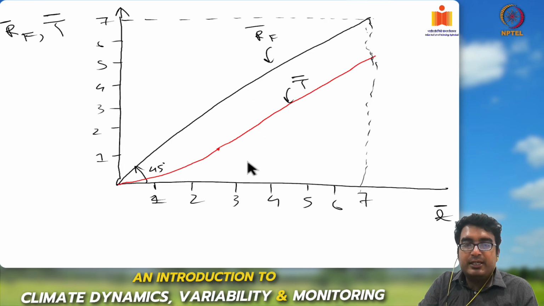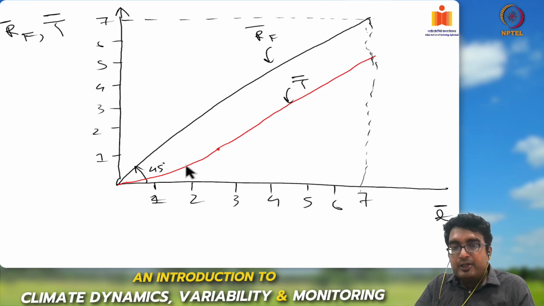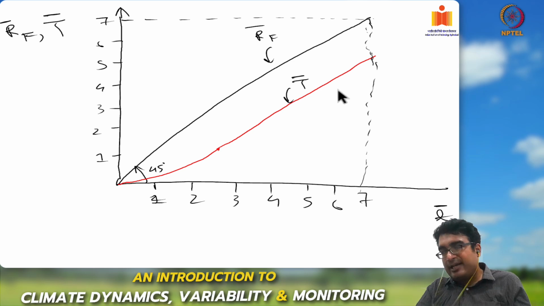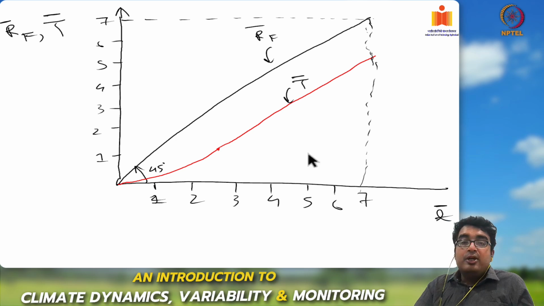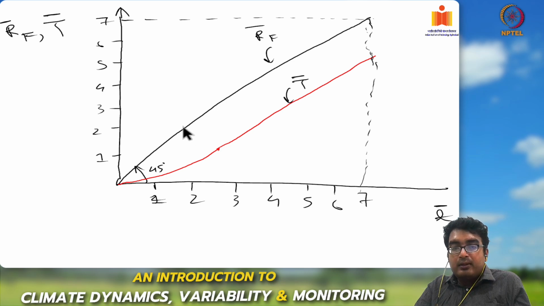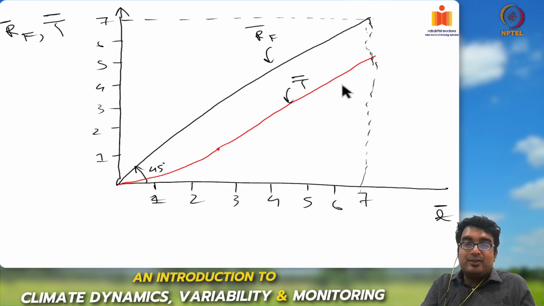In the ramp forcing case, the temperature response lags behind the radiative forcing, and then it linearizes, right? And then it starts to level off, correct? So if this difference is quite large in the initial stages and then becomes stable, this is what is happening here.